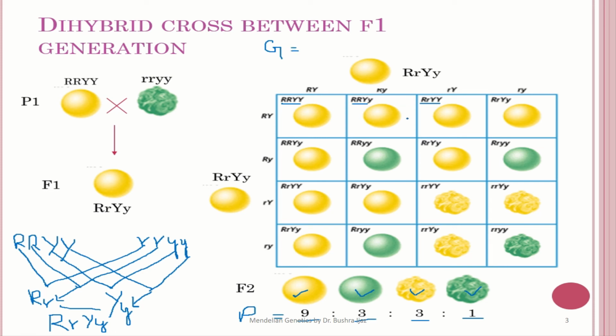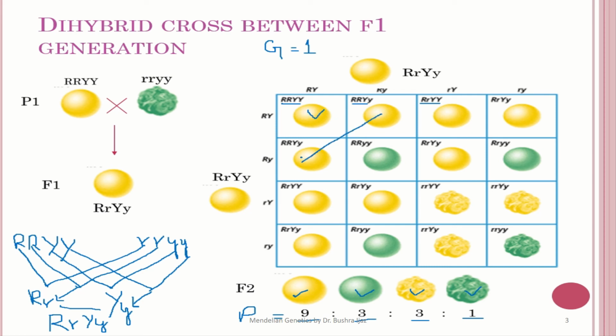Genotype will be: out of these 9, 1 was homozygous round and yellow.